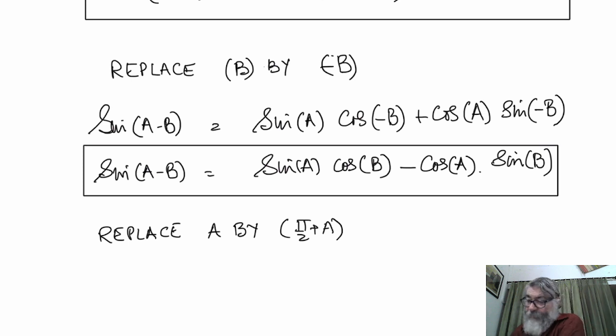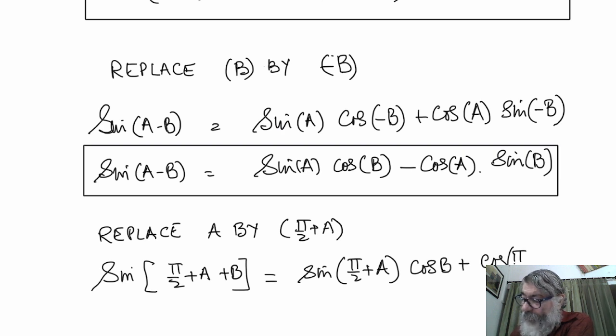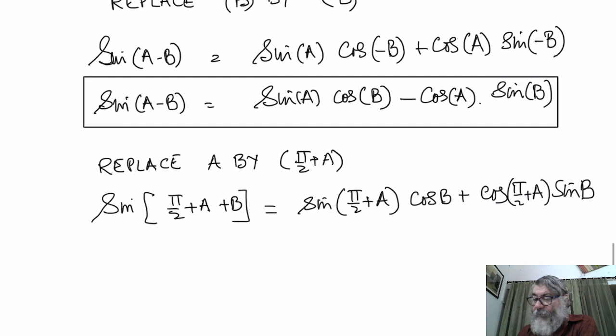Let us see what the formula is. Sin A plus B, with A replaced by pi by 2 plus A, is equal to sin pi by 2 plus A cos B plus cos pi by 2 plus A sin B. Is that clear?